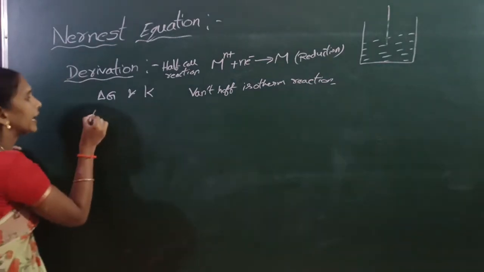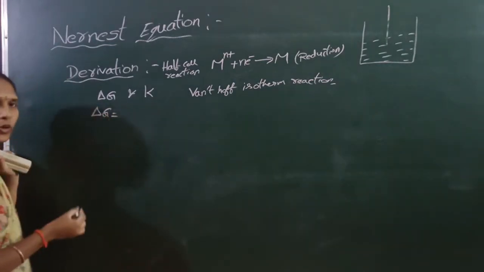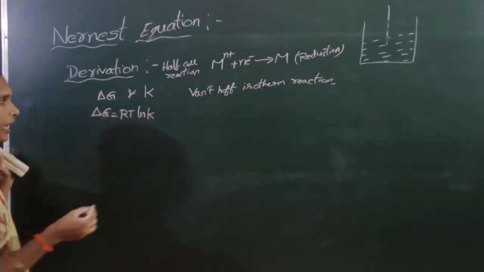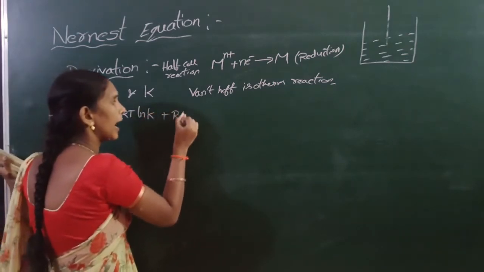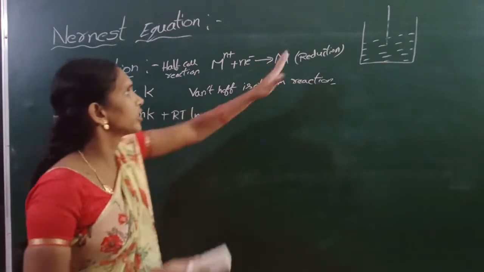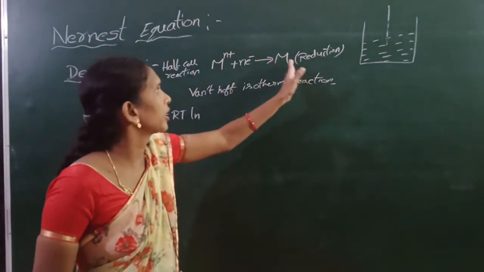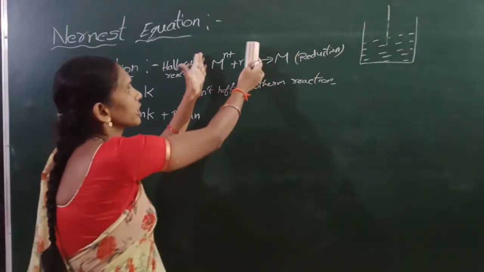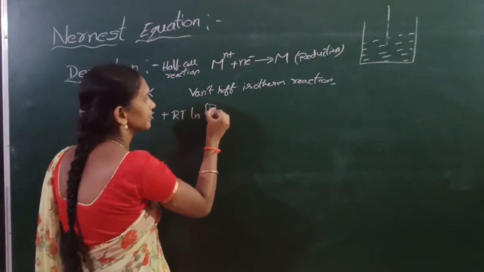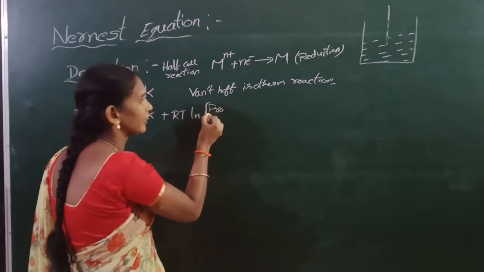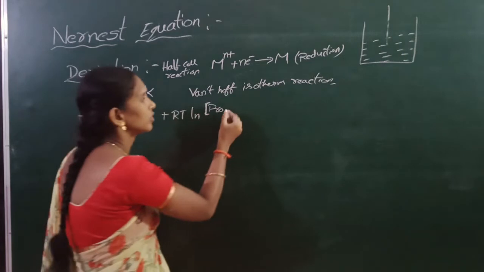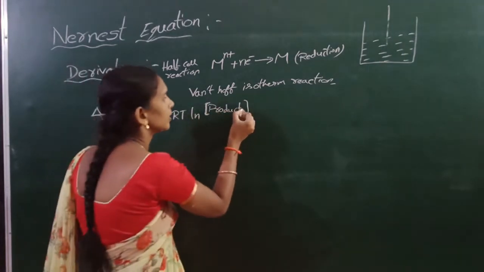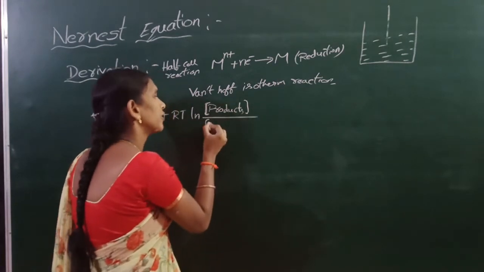That is, delta G is equal to minus RT ln K plus RT ln the concentration of products by the concentration of reactants. These are the products, these are the reactants. Concentration is indicated with closed brackets.